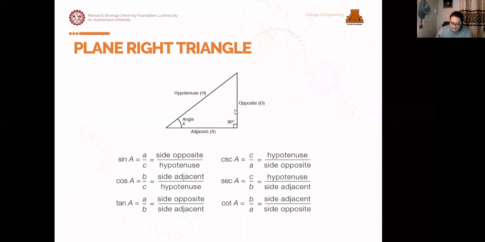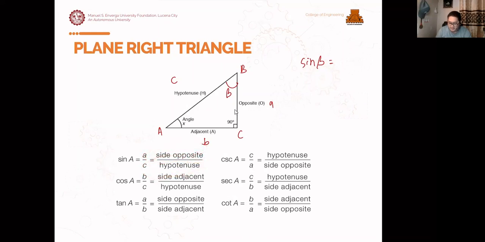So, halimbawa, may given, si angle alpha tsaka si angle beta, no? Para pag pinapahanap is anong value ni sine beta, no? Okay? So kung tawagin natin itong A, B, C, tawagin ko itong B, tawagin ko itong A, tawagin ko itong C, yung longest side natin, ano yung maging value ng sine B? And as we all know, pag sinabing sine, that is opposite over hypotenuse.